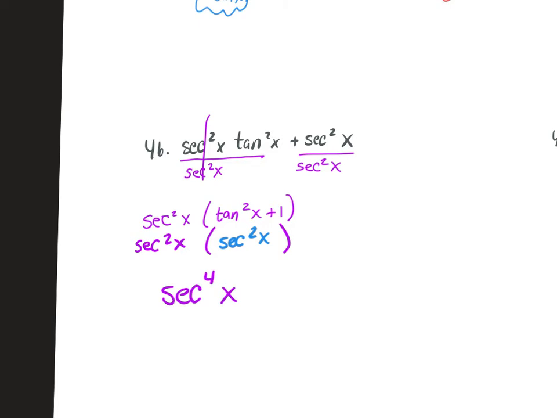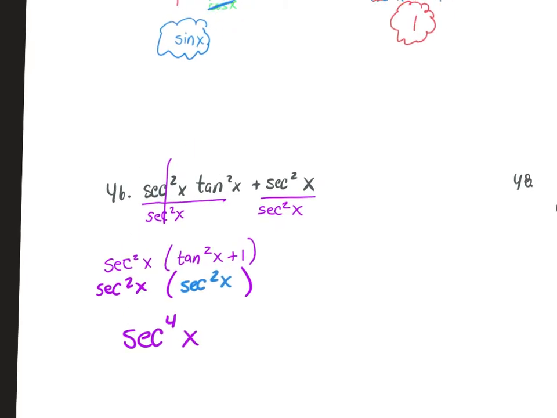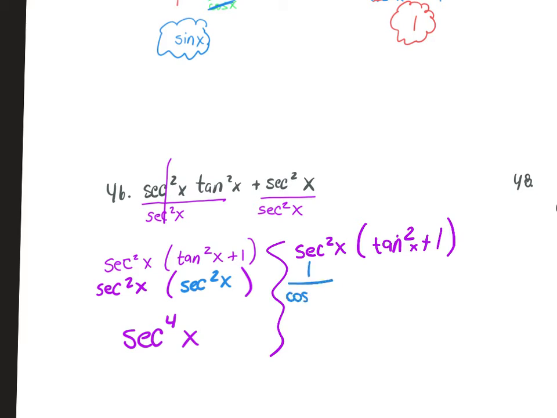Now, some of you might have gone a different route. You might have said, at this point, you had secant squared x and then tangent squared x plus 1. And you told me that secant is the same as what? 1 over cosine? So I could write it like this, right? And then what did you tell me that tangent was?